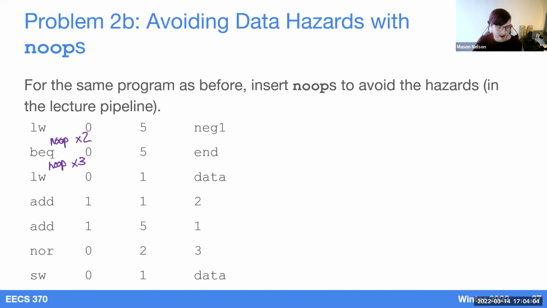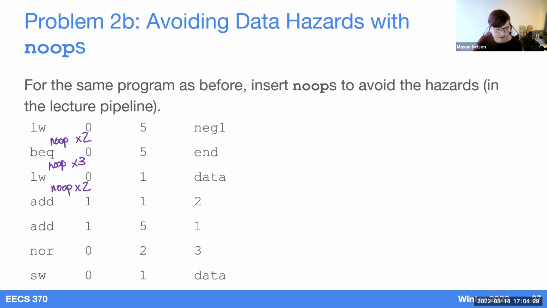So we said our next data hazard came from this add being dependent on the LW. Same thing, we want LW to be in the write back stage at the time that the add is in decode. So we'll need 2 no-ops in between to make our EX and our mem empty while those instructions are writing and reading data. So put 2 no-ops there.